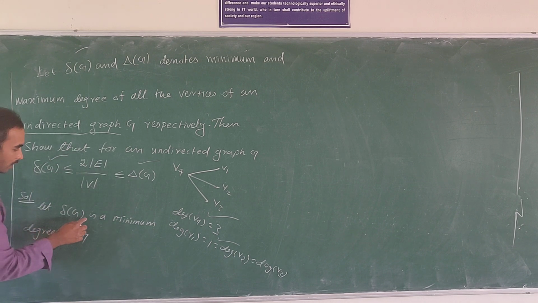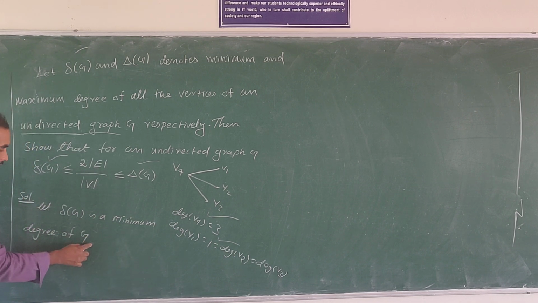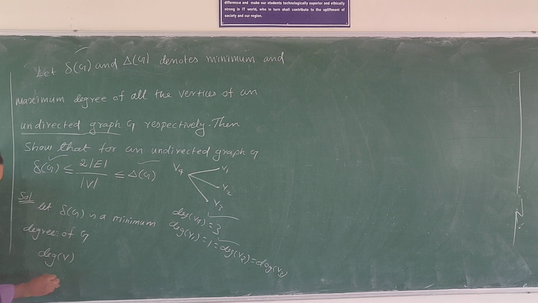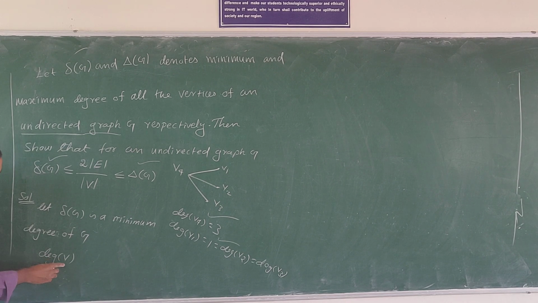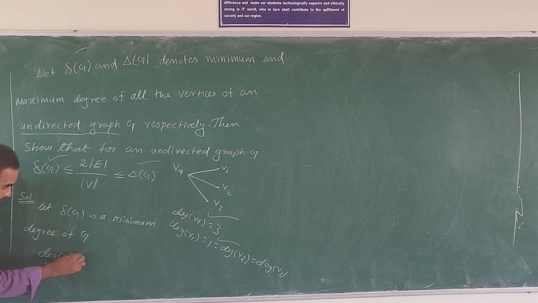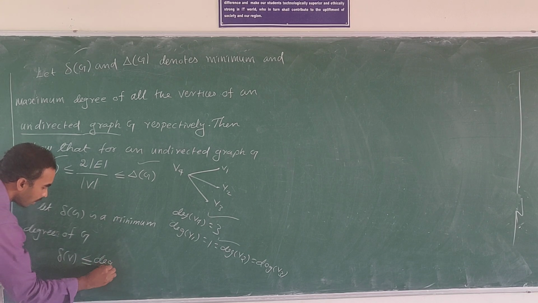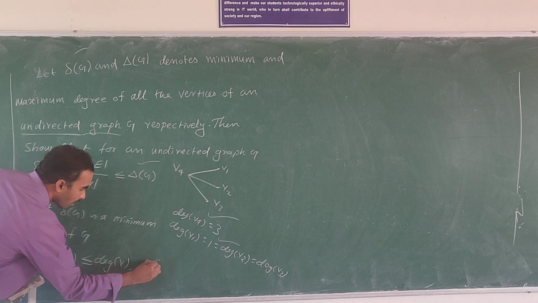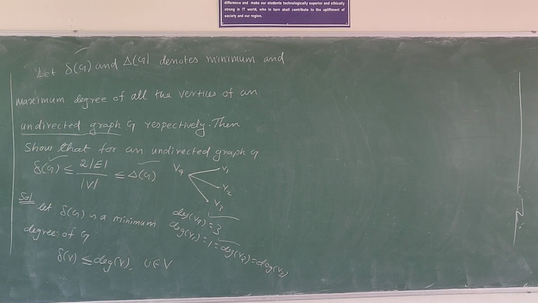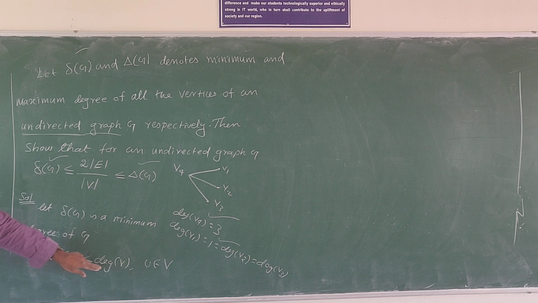So δ(G) should be less than or equal to degree of V for all V. This should be less than or equal to the degree of any of the vertices.